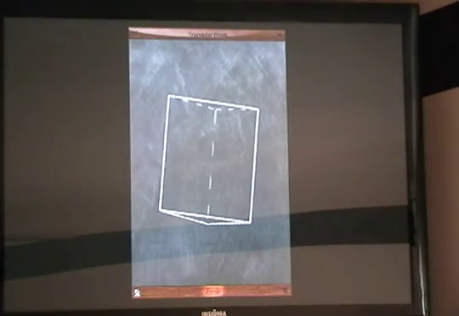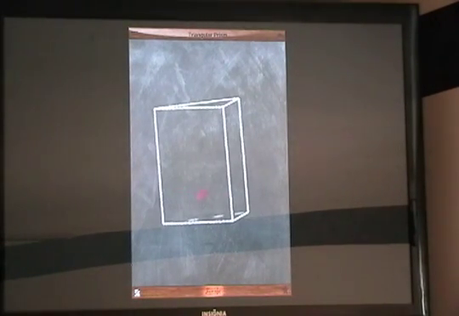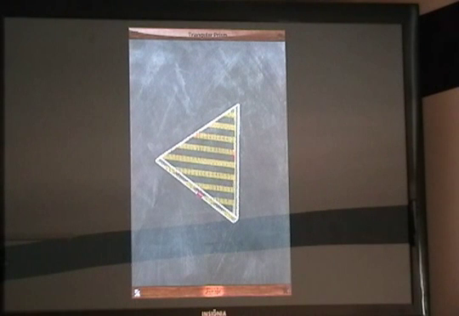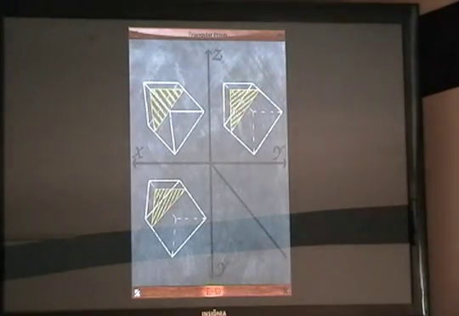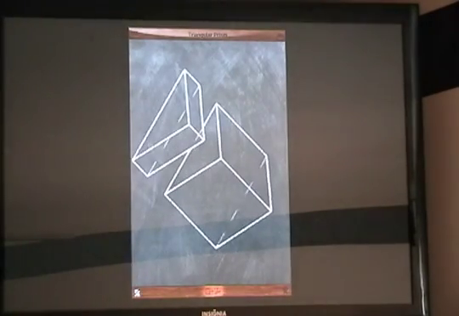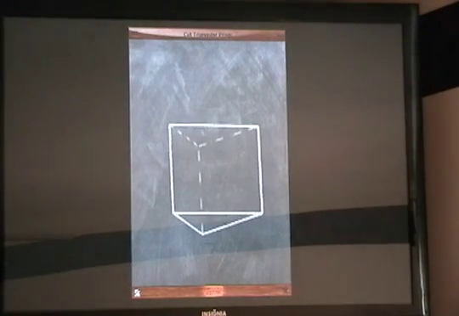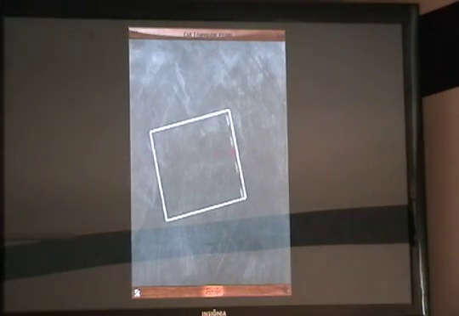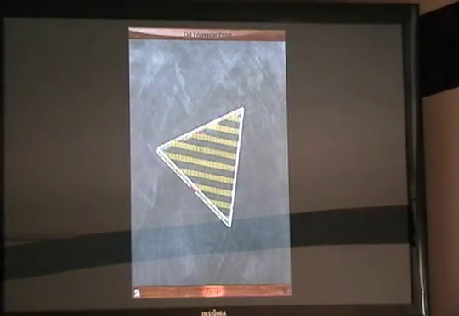If we turn this prism this way and we slice through it horizontally, we get a triangle that's exactly the same shape as the base. And if we can make it do that, that's what we want to do. See how all those triangles are going to be exactly the same shape? See how that's exactly the same shape?